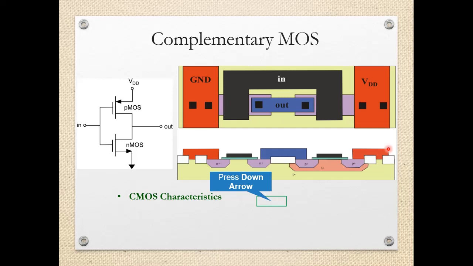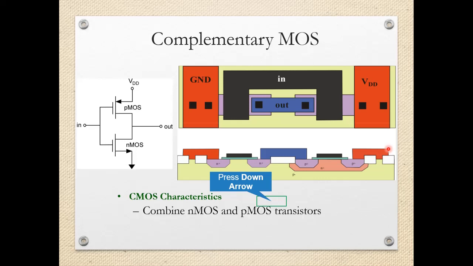For the N MOSFET, we can see the source terminal is grounded, the brown color is there. So this is your ground, and for this P MOSFET we have connected VDD. This is the terminal of P MOSFET to which we have connected the VDD. Okay, so this is the layout for the complementary MOS.